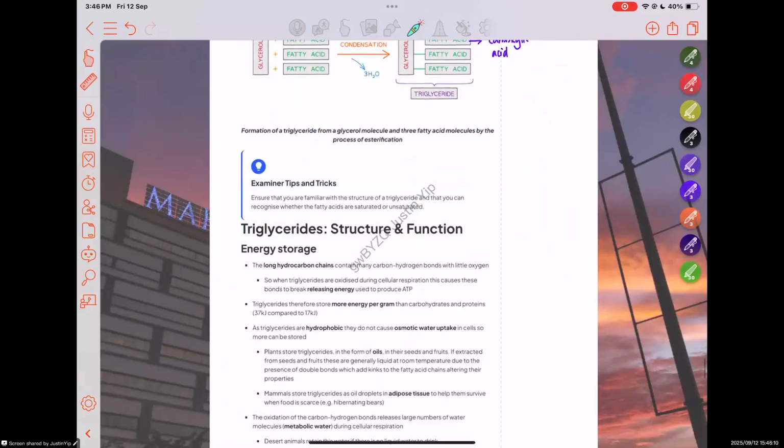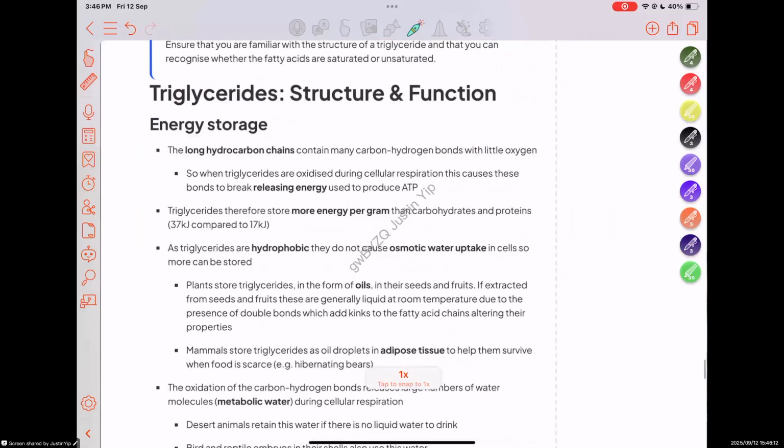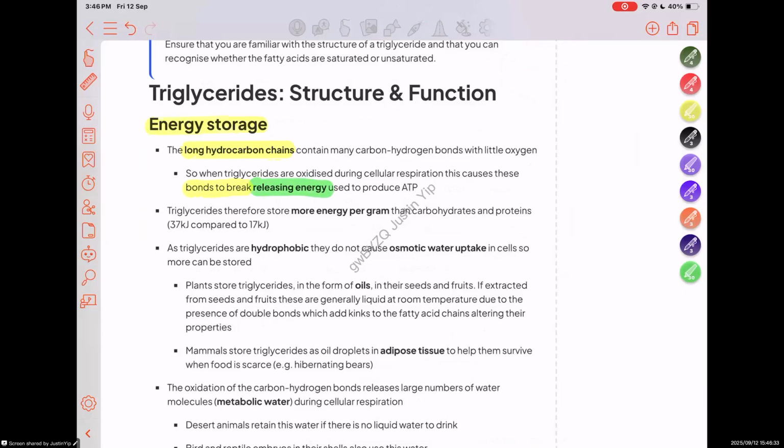And the function is very easy. You act as energy storage. You have a long hydrocarbon chain, because when the bonds in the hydrocarbon chains are broken, they release energy.